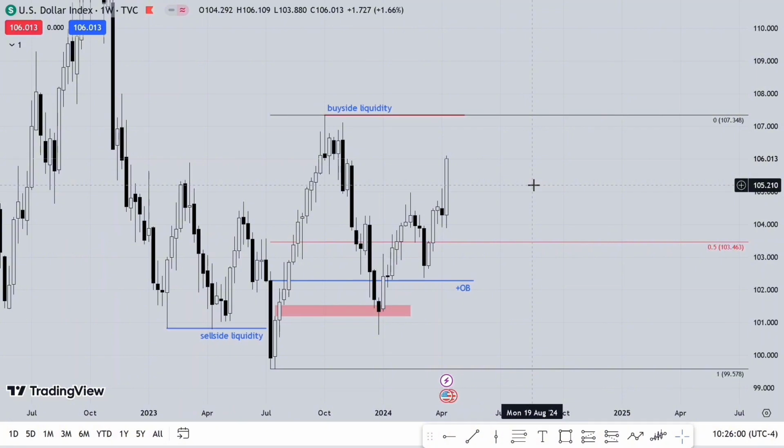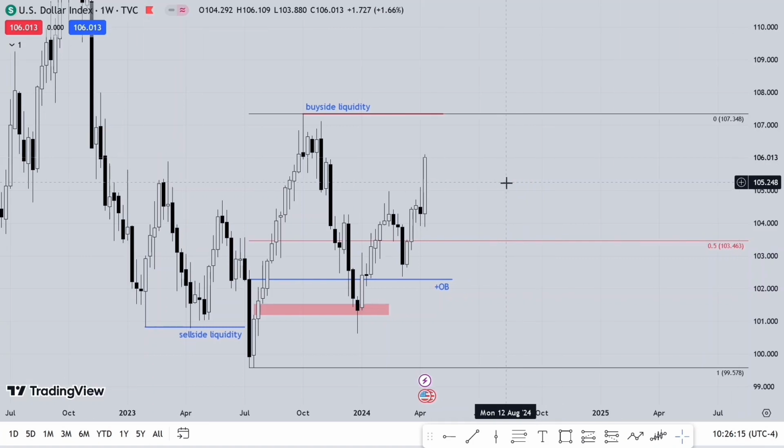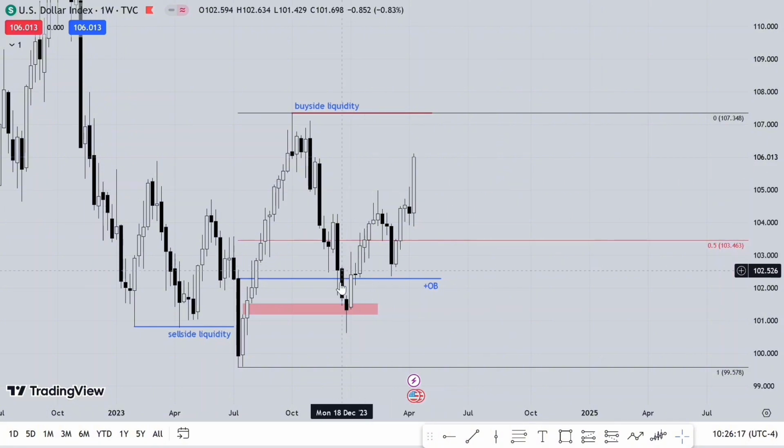Because of seasonal tendency, it's typically bullish from the middle of April through May, which will cue in lower prices for the indices and the currencies. So we did that here.